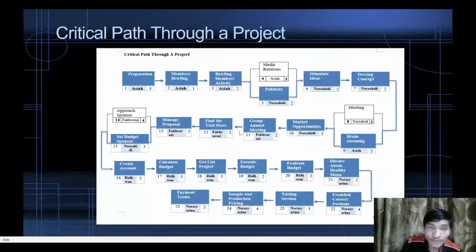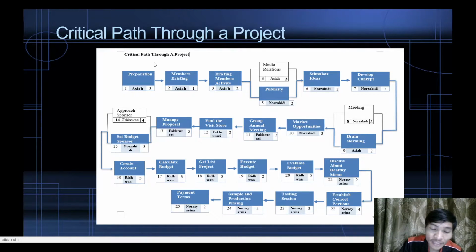Moving on to the critical path through a project. You can see the blue lining, and for activity 4 and activity 5, I chose activity 5, publicity, handled by Zahidi. It takes 2 days. Why do I choose this activity over activity 4?